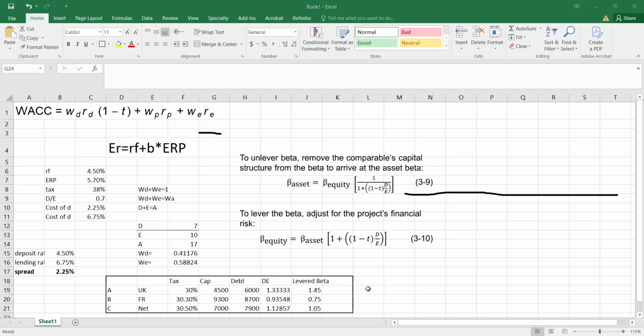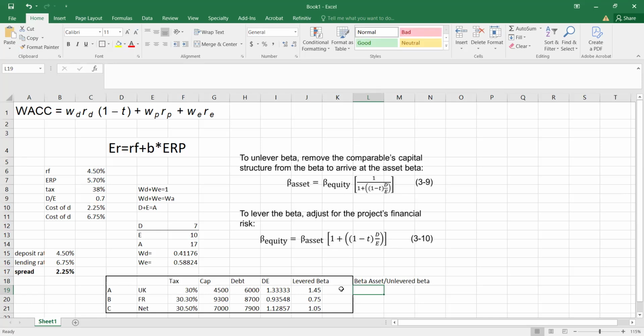So what I do here, first I will calculate the beta asset, or sometimes it's called unlevered beta. How can I calculate? Here's the formula. Nothing very complicated. But to do that, you need to calculate the beta asset for each company.